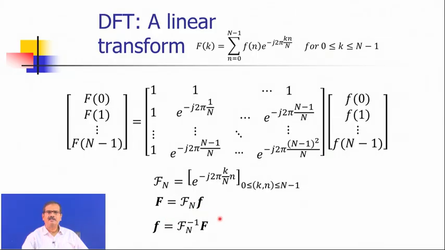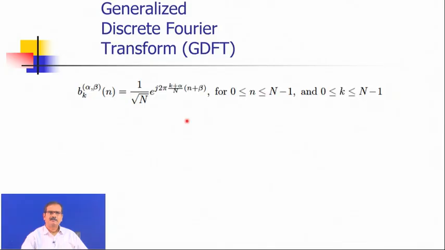Incidentally, because of the orthogonality and orthonormality properties of these functions, you can show that the inverse of the discrete Fourier transform matrix is nothing but the Hermitian transpose of the matrix. The Hermitian transpose is the transpose of this matrix, and you also have to perform the complex conjugate operation on the elements, and that would give you the Hermitian matrix.